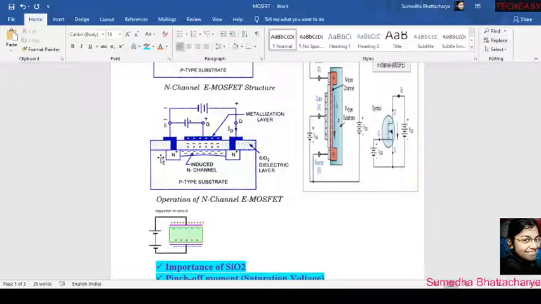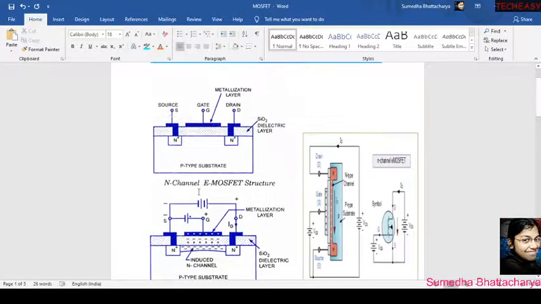But here you can see in the structure, how will the ID current pass, because there is no channel, right? There are only two N walls. That is not a channel. Reminder: no channel has been created until now in the case of enhancement type MOSFET. There are only two N-type walls. So how will the ID current flow from drain to source?